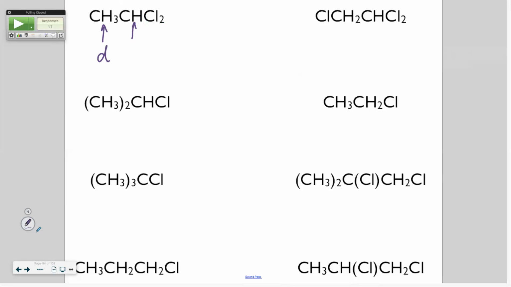So we're going to be split into what's called a quartet, because there's going to be how many peaks? 4. But look at what it looks like. It is going to be 1 to 3 to 3 to 1. That's how you get the 3, because there's 3 possibilities.